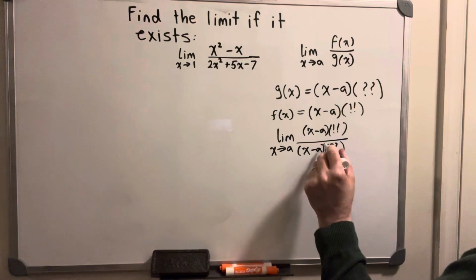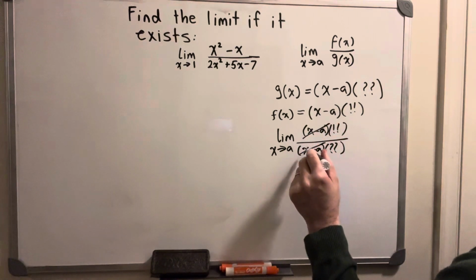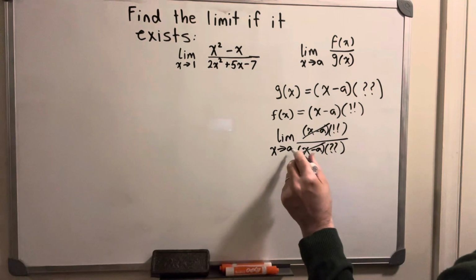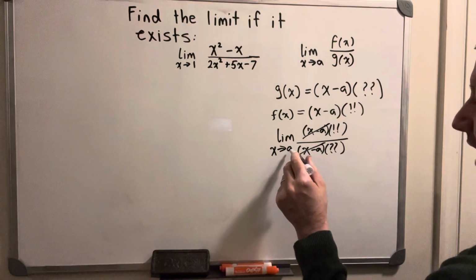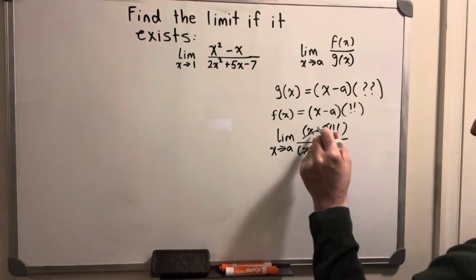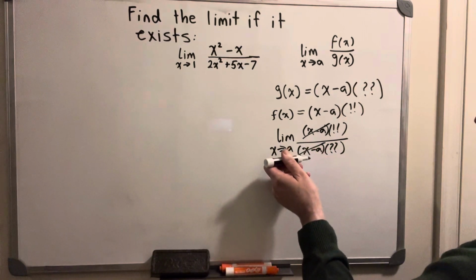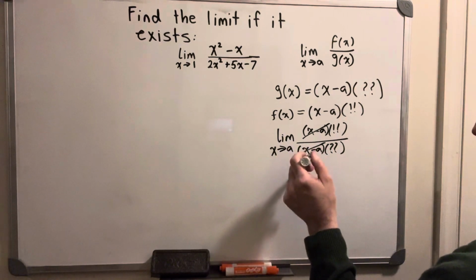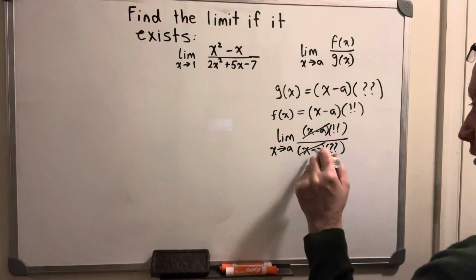See how you can cancel this out? And why can you cancel out something in this case? Because we're not guaranteeing that the function exists at a. So this will never be 0, and this will never be 0. They will get closer and closer without bound to a, but they will never be at a.